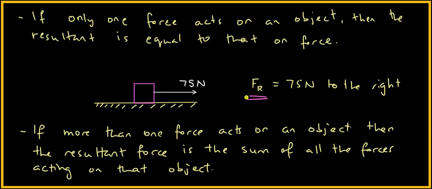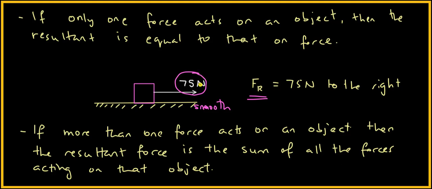So my resultant force here is equal to 75 newtons, provided that there is no force acting in the opposite direction. Let's suppose there is no friction at all. If it's very smooth, the force applied on the object is equal to the resultant, or net, force.